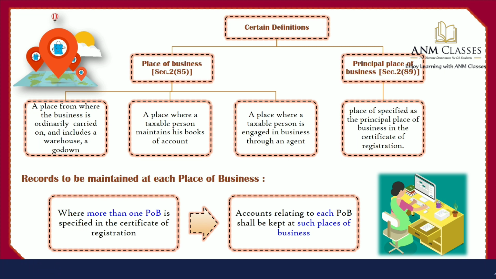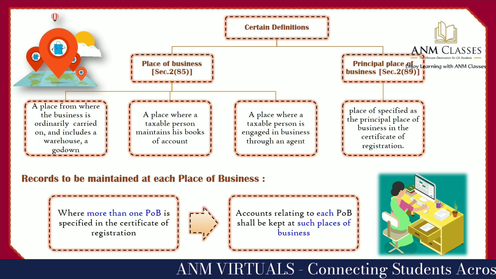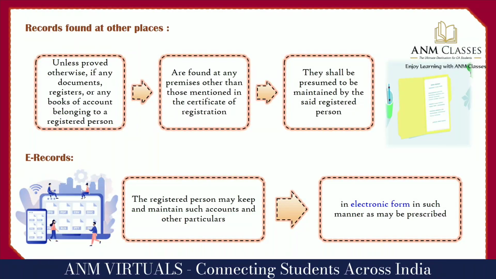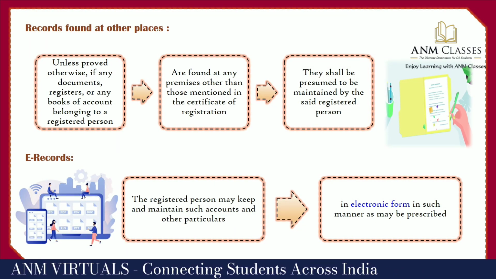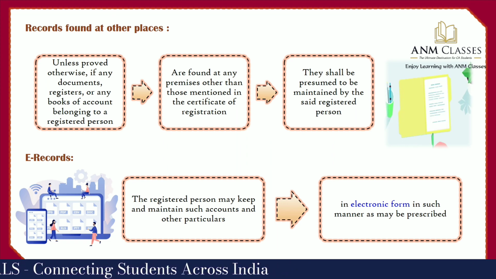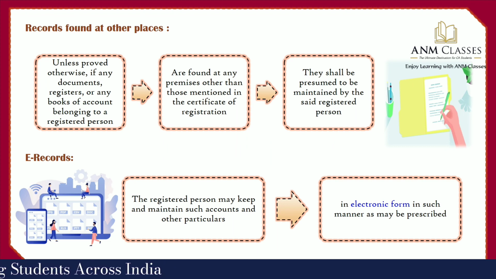If you are having more than one place of business specified in the registration, the books of accounts relating to that place of business should be kept at the respective place of business. Yes or no? Now, if the records are found at a place other than the principal place of business mentioned in the registration, it will be presumed that it has been maintained by the registered person.